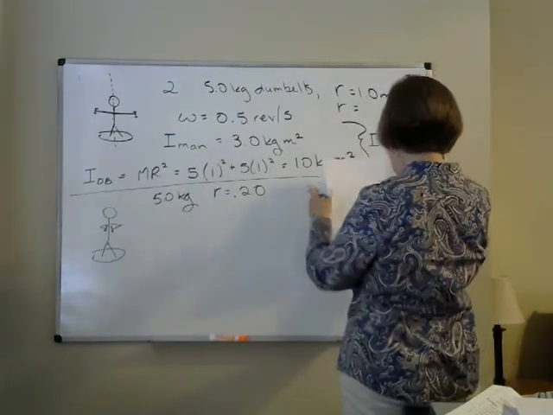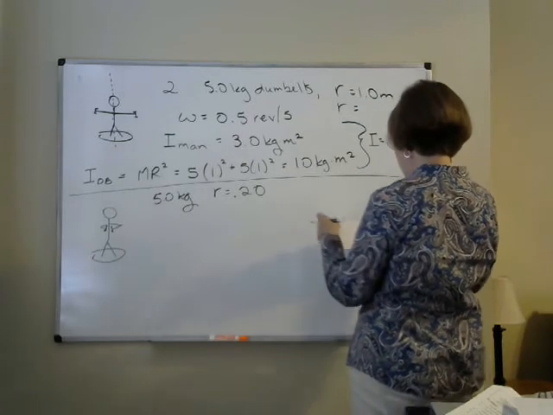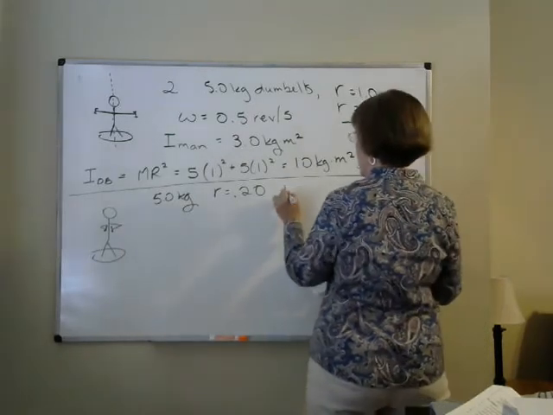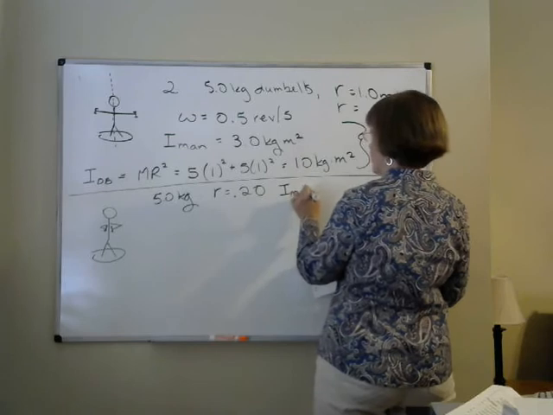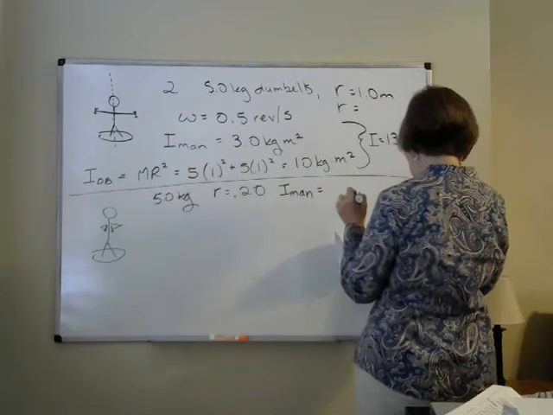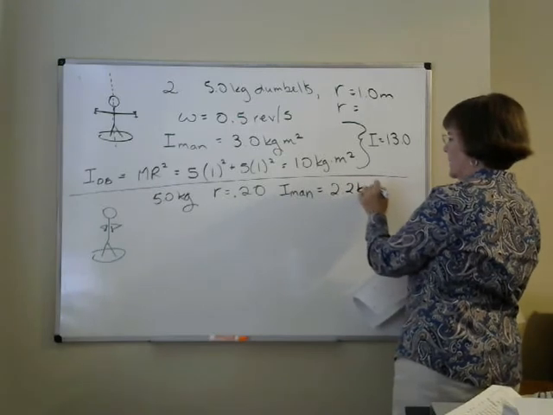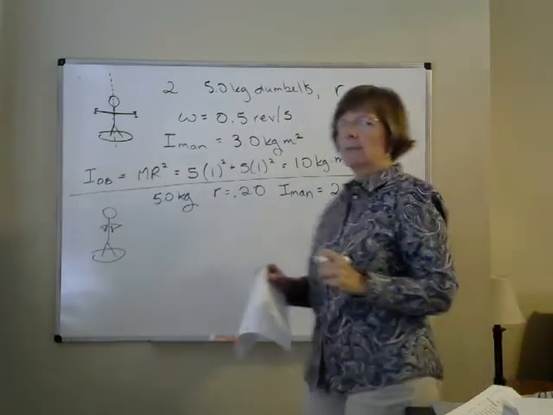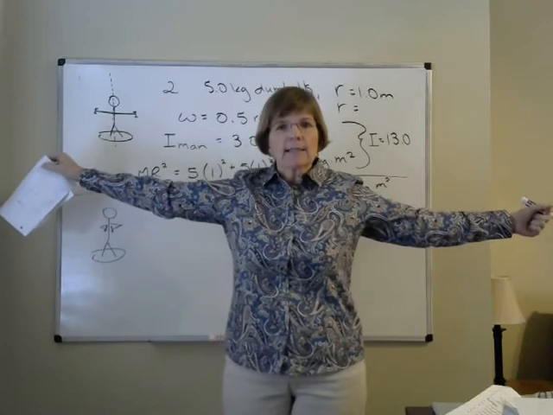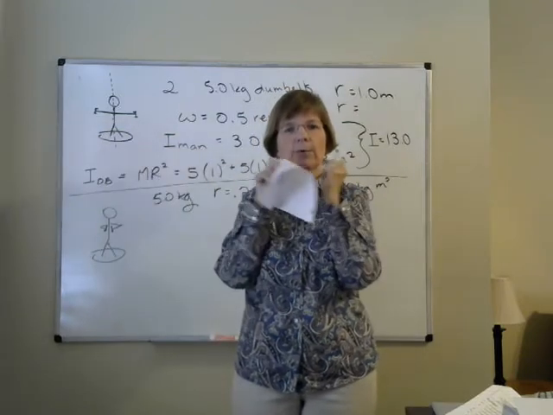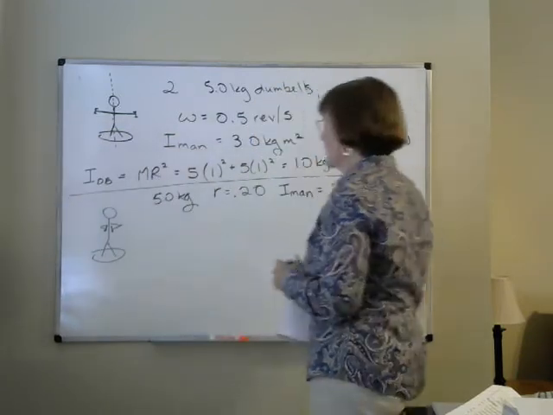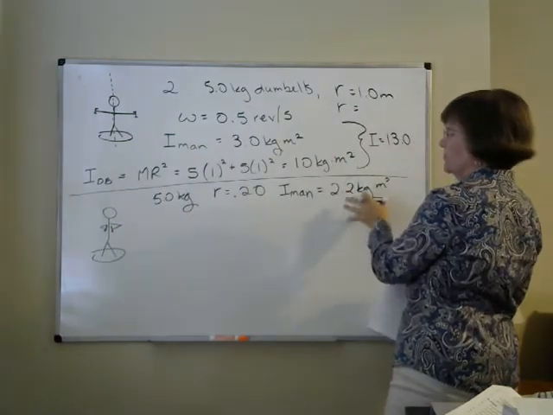The man's moment of inertia also changes because he brings in his hands. So he has a moment of inertia now that's dropped down to 2.2 kilogram meters squared. That makes sense because when he was like this, the mass in his arms was fairly far away. When he brought it in closer, that brought down his total moment of inertia.